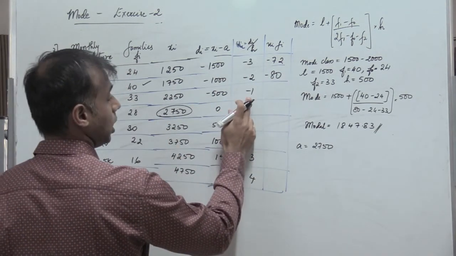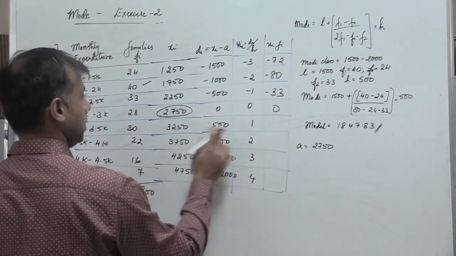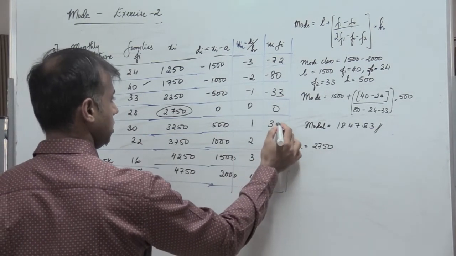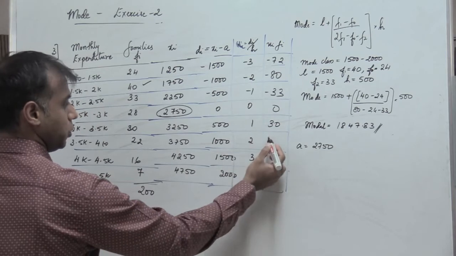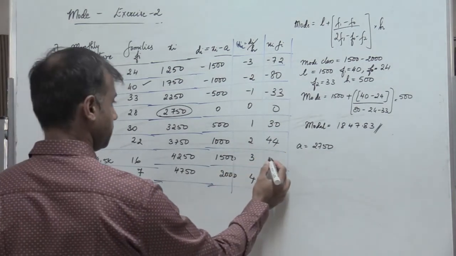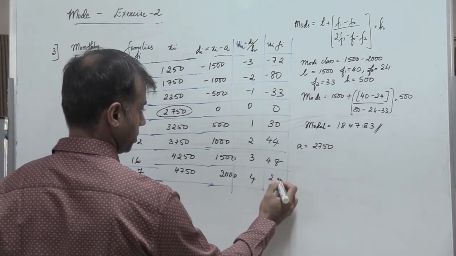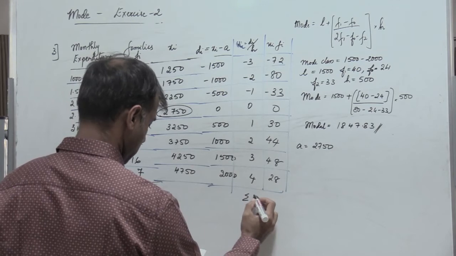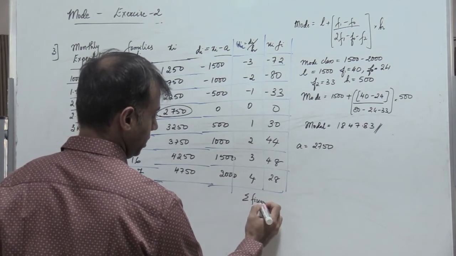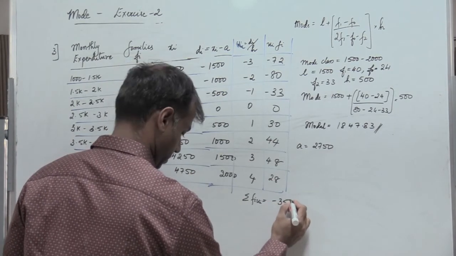Minus 1 into 33 is minus 33, then 0. Then 30 into 1 is 30. Then 22 into 2 is 44. Next, 16 into 3 is 48. And then 7 into 4 is 28. Now find the sum of fi ui. When I add up all of them, I get minus 35.